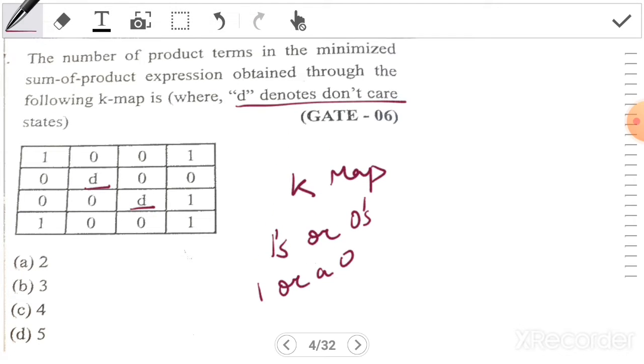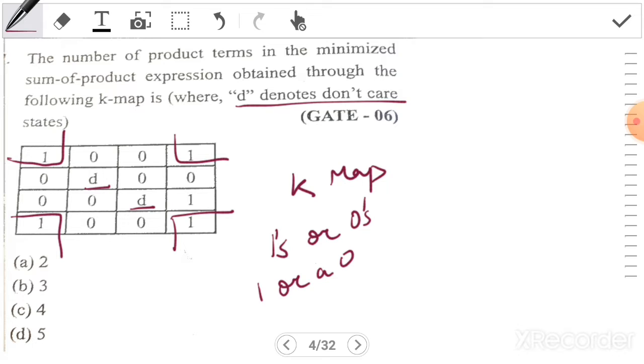See here. So let us form the group. Right?